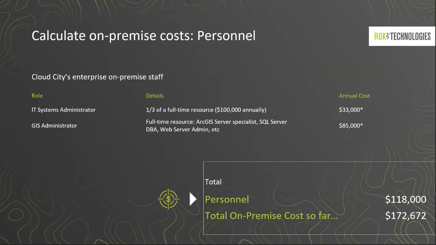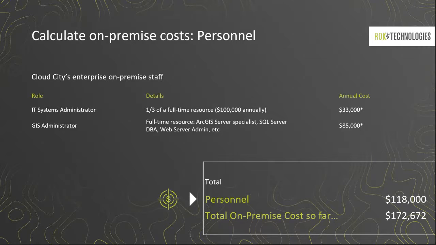So looking at how they were going to calculate that on-premise cost with the personnel, they had to consider, all right, time is money. So if we're going to be utilizing our IT, their time, we have to quantify that. So what they did was they estimated that one full-time IT admin was spending roughly a third of their year supporting GIS, which is accurate.